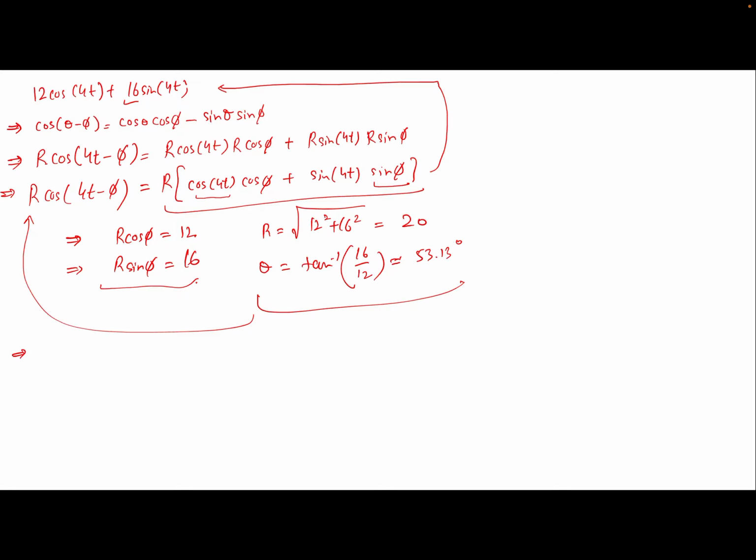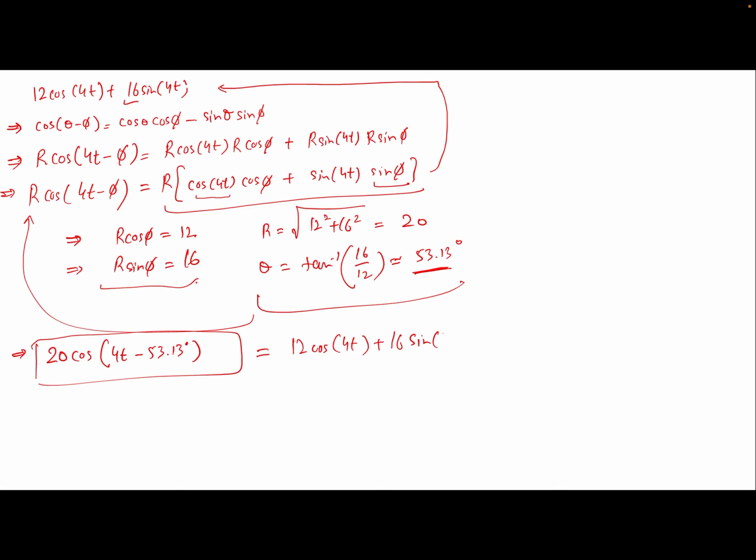So I will get R cos of phi should be equal to 20 cos of 4t minus phi. I was interested in getting this angle, which is 53.13 degrees. Okay, so this is equal to 12 cos of 4t plus 16 sine of 4t.